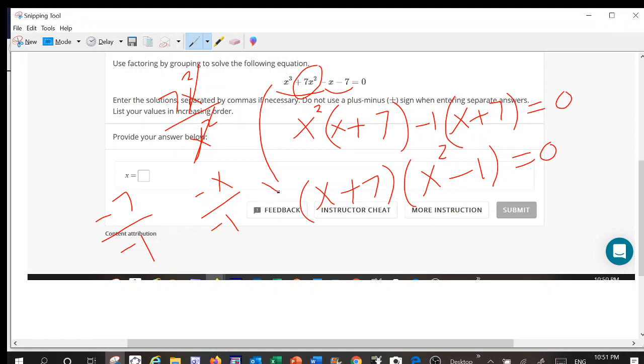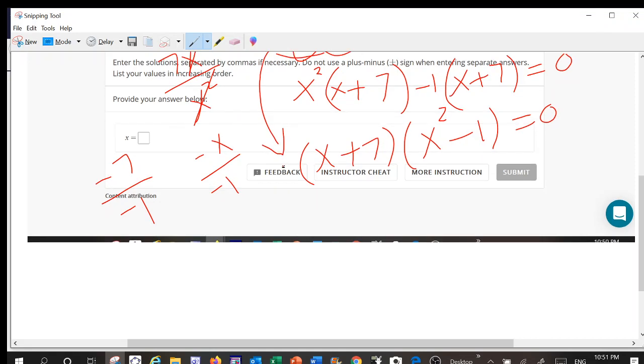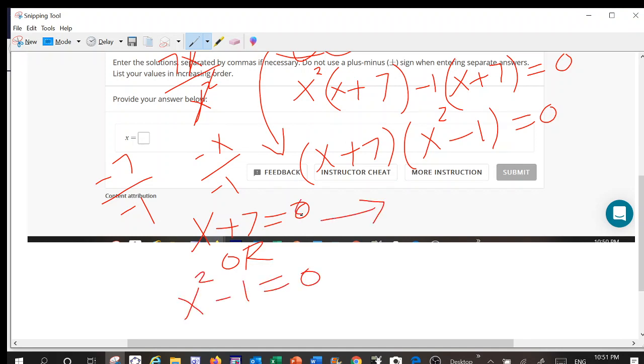We converted something we didn't know how to solve to something we can solve. Now we can set these equal to 0: x plus 7 equals 0, or x squared minus 1 equals 0. From here, x is negative 7, and from here x is plus and minus 1, because you have to move the 1 to the other side and use the square root method.